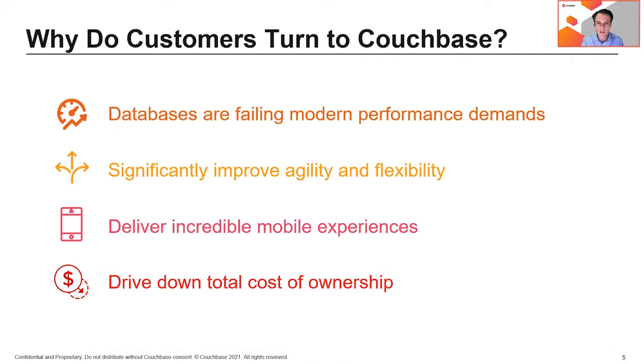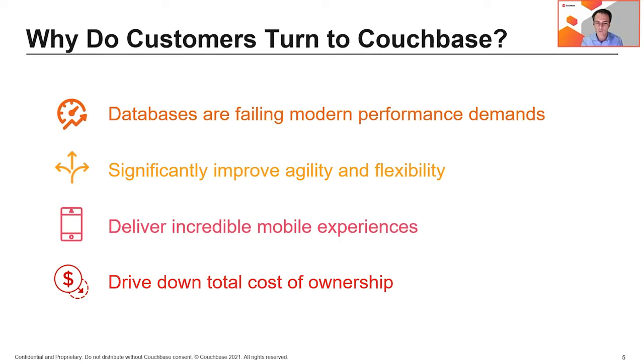And again, in terms of themes, why do customers turn to Couchbase? Well, a few key areas, right? So the first one is typically their databases are not meeting the modern demands, whether that's scalability, availability, the low latency that they need. Another area that we commonly hear is being able to deliver applications with the flexibility that they need to develop quickly, to be able to make the changes that they need, that their legacy databases are too locked in, especially in the relational scenario.